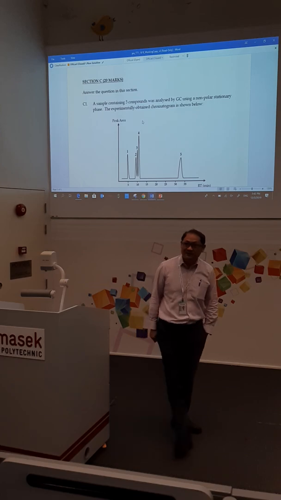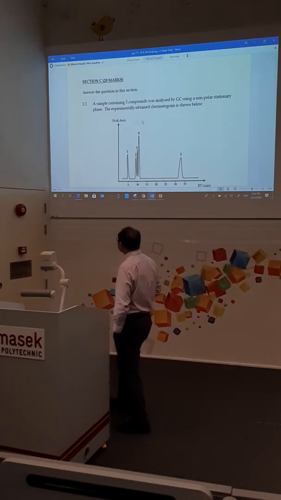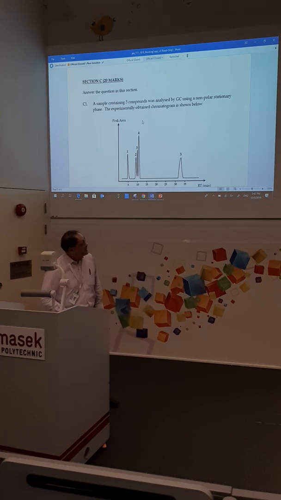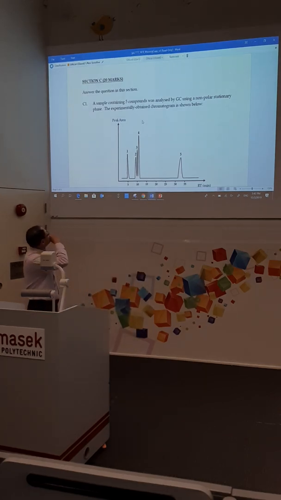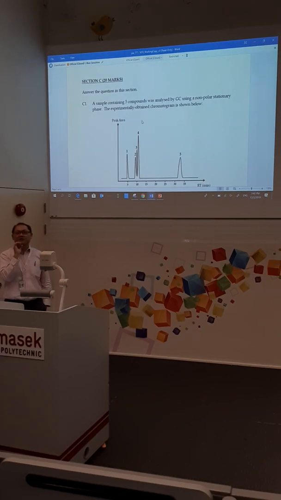The scientists did an experiment. The scientists did a GC analysis. Now we know that the product actually contains 5 different chemical compounds. We need to be able to sort out these five, and the scientists did the experiment and we got a result like this.